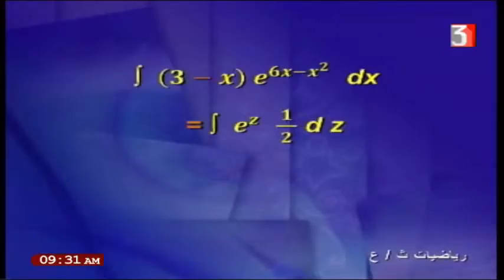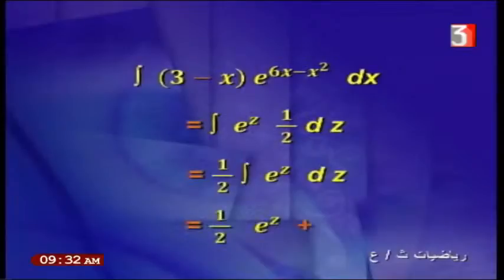Now the integration with respect to z, the integration of e power z multiplied by half dz, or half the integration of e power z dz. The integration of e power z dz equals e power z, then the integration equals half e power z plus the constant c.